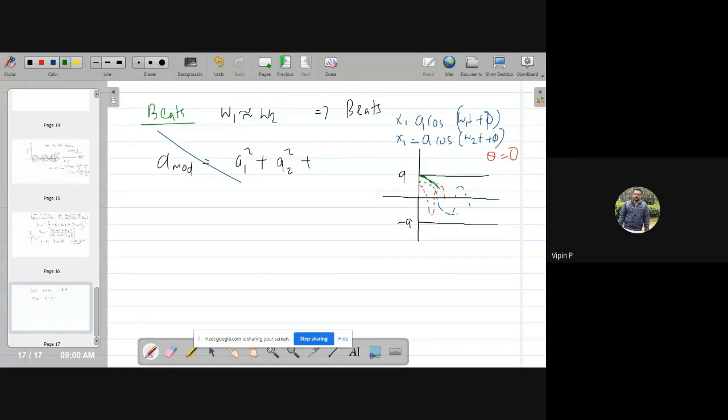It should go something like this. That's the meaning. And if they are of different amplitudes, then it can also start from somewhere else. It will not start from the same amplitude. It can start anywhere else, depending upon A1 and A2. Okay, that's the meaning of it.